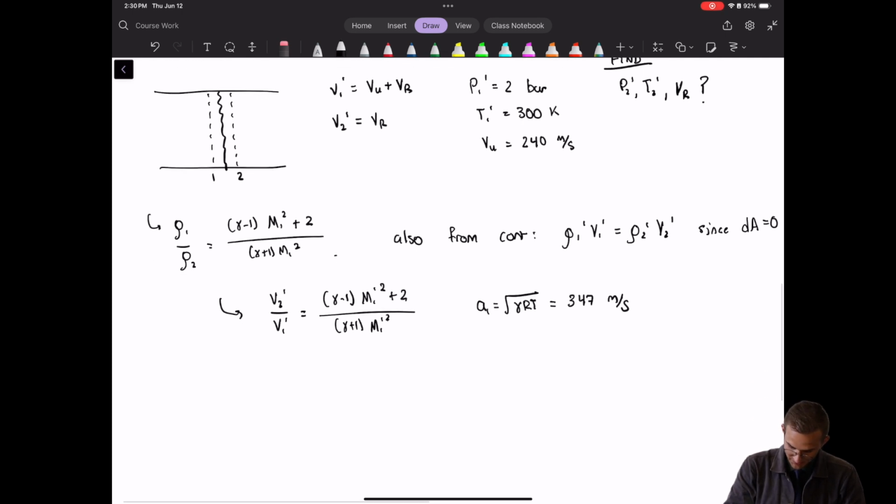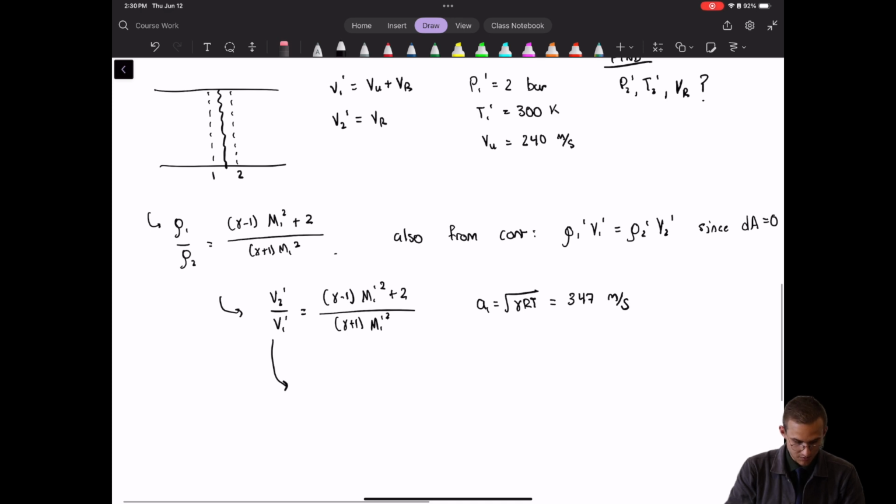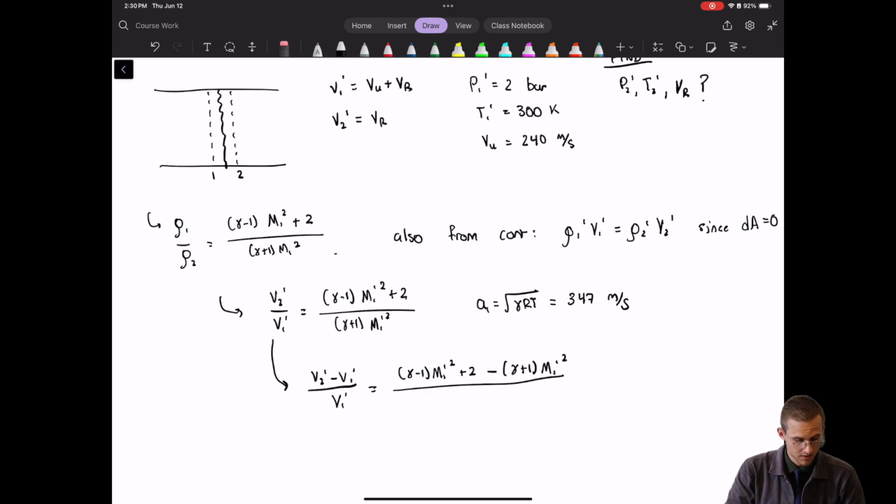Using this ratio, we can rewrite it as V2 prime minus V1 prime over V1 prime is equal to gamma minus 1 M1 prime squared plus 2 minus the quantity gamma plus 1 M1 prime squared, over gamma plus 1 M1 prime squared. So essentially what we've done is just subtract 1 off of both sides.